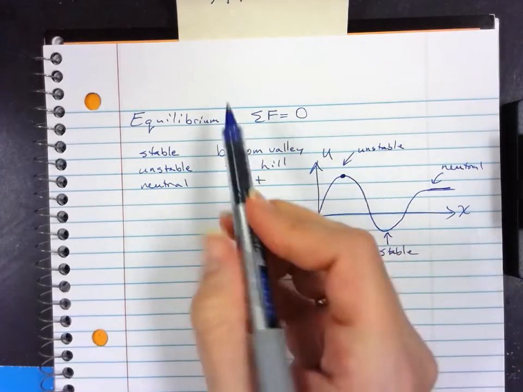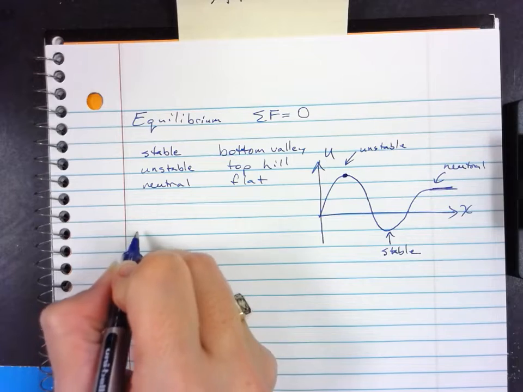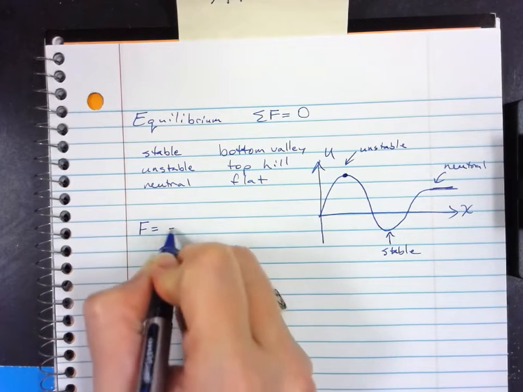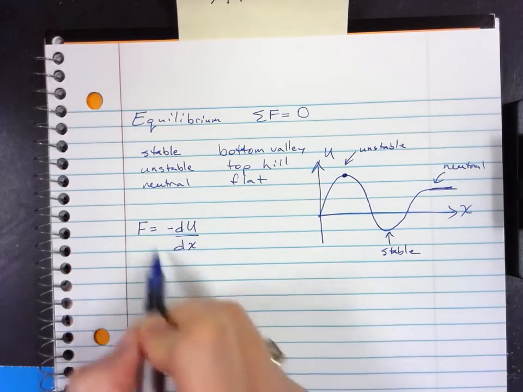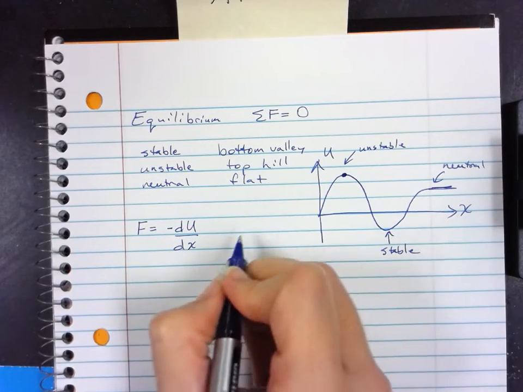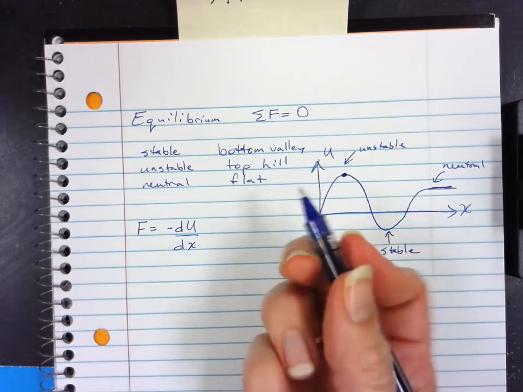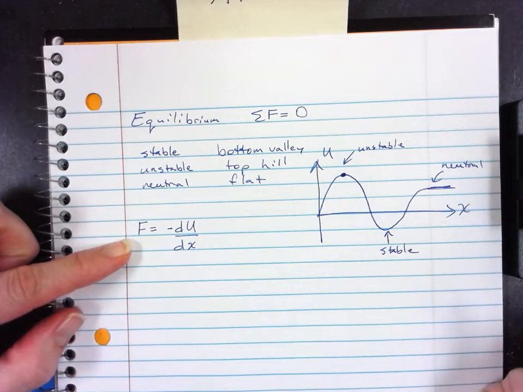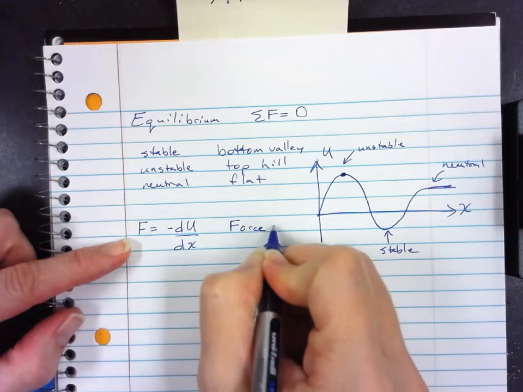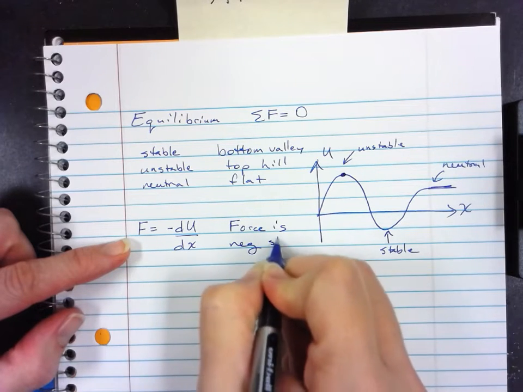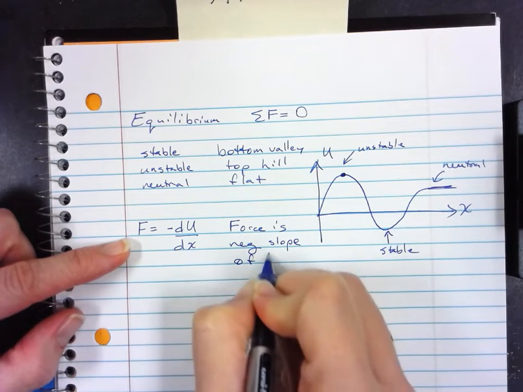Well, we just said on the previous page that the force is equal to the negative derivative of the potential function. You know that derivative means slope. So the force from a potential versus position graph is the negative slope of a U-graph.